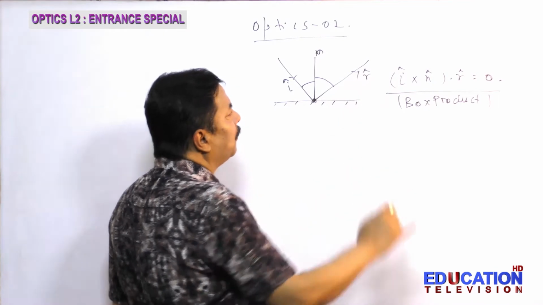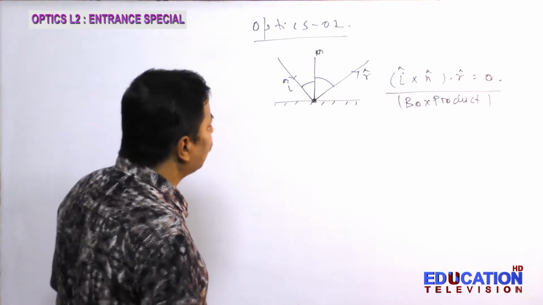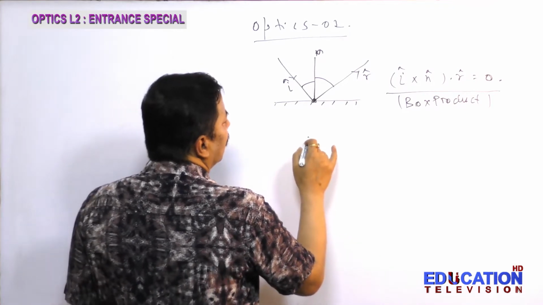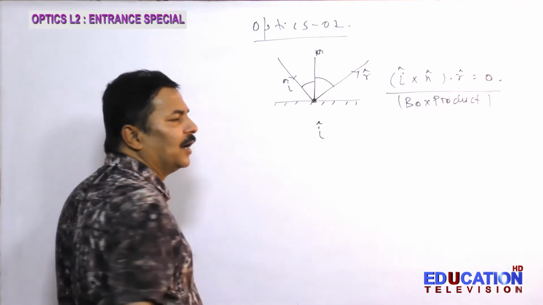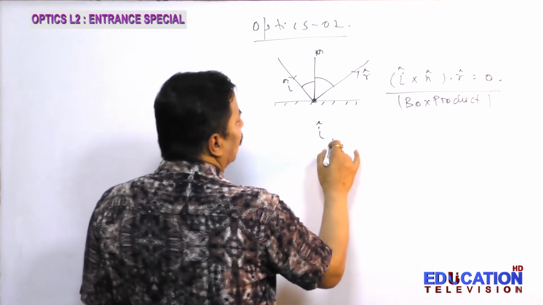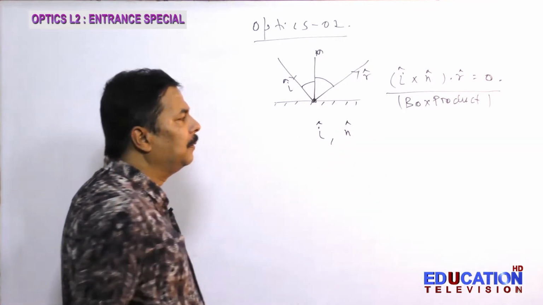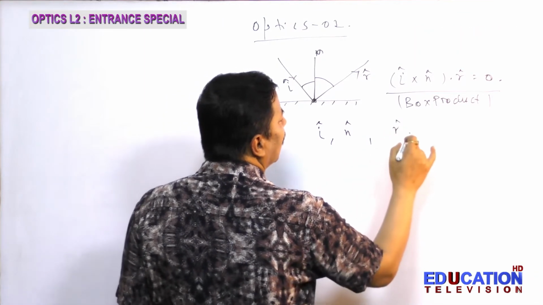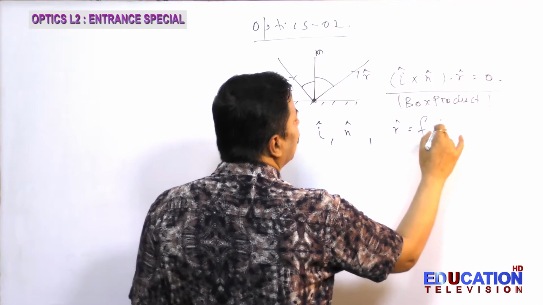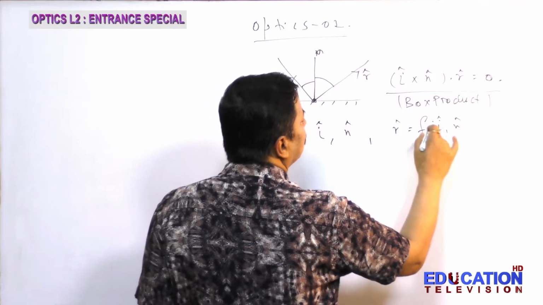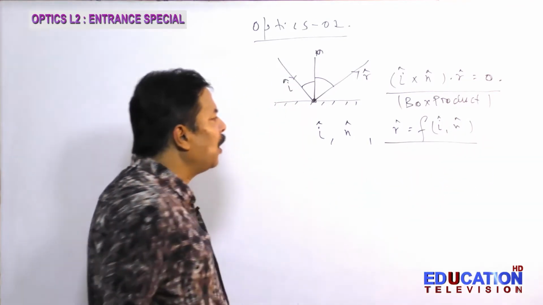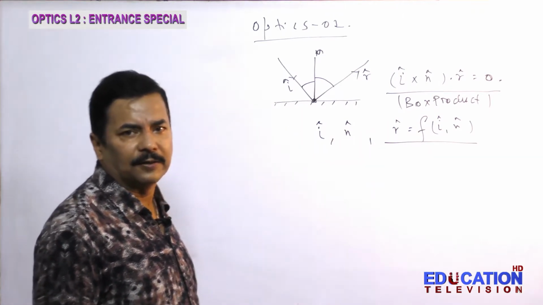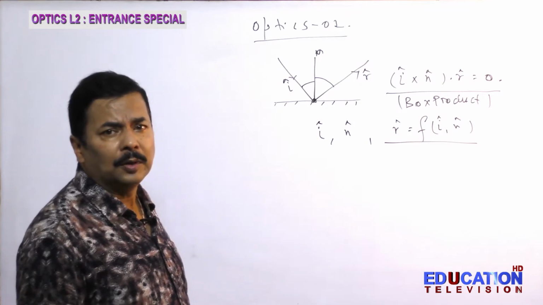Suppose the question is given in this way: this is a vector along the incident ray, this is the vector along the normal, and you have to find the reflected ray vector as a function of the incident ray and normal. That means if the incident ray and normal are given, how can you find the reflected ray. This is the main thing I would like to discuss with you.